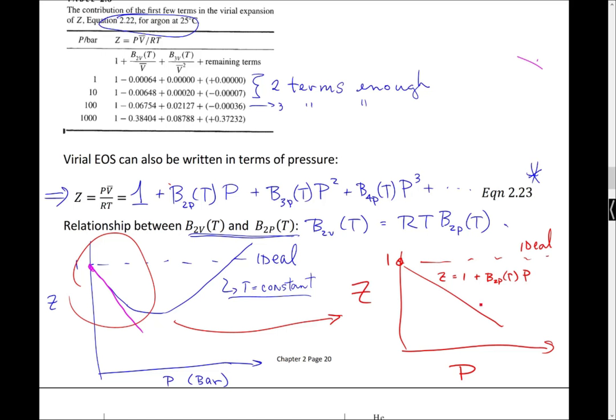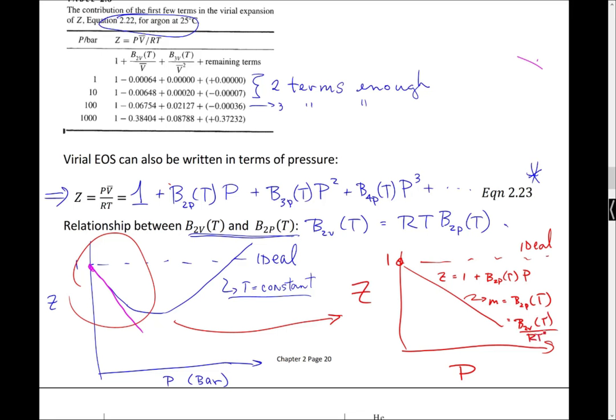All right. So the other thing to recognize is, what's the slope of that line? It's B2P, function of T. And because we know there's a relationship between B2P and B2V, that also means that it's going to be B2V, function of T, over RT.